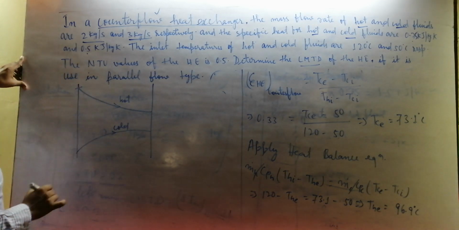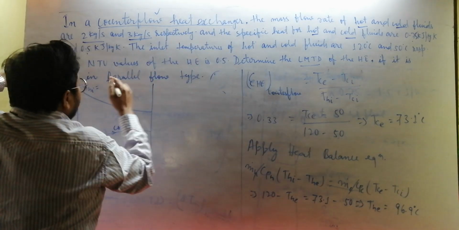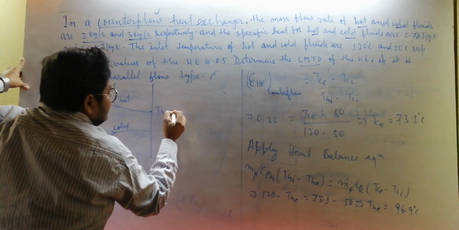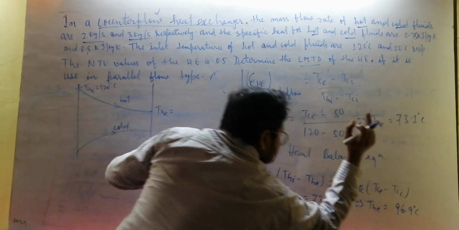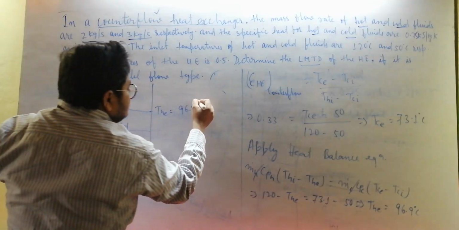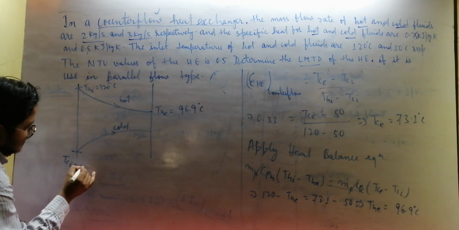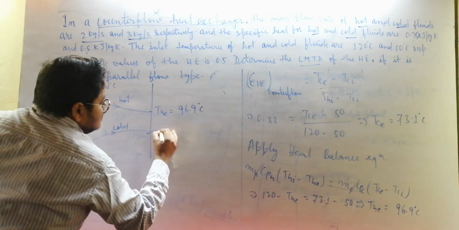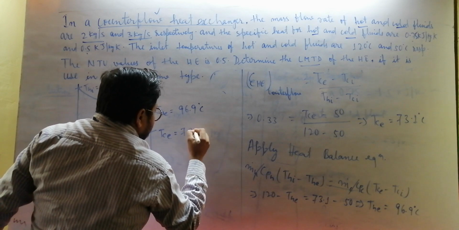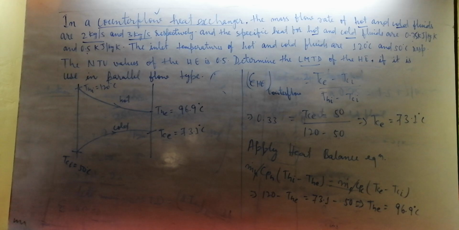This side temperature is Thi, that is 120. This side The, the hot fluid exit, 96.9 degrees Celsius. This one Tci equal to 50 degrees. This side Tce, that is equal to 73.1 degrees Celsius.